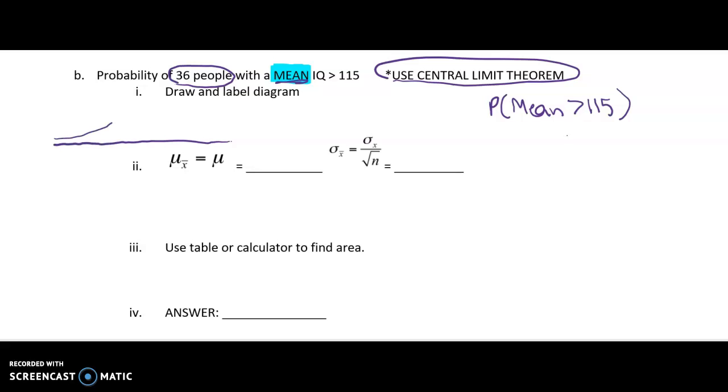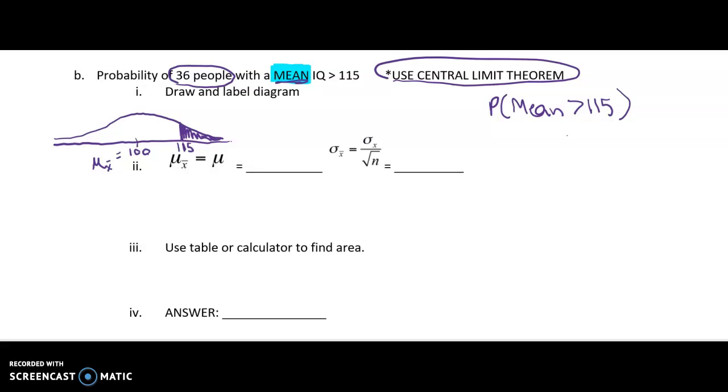using our normal CDF. So I'm going to draw my diagram, and we still have the same mean here of our sample means, mu sub x bar, is going to be 100. And we're still trying to find a value greater than 115. So it's the same shading.